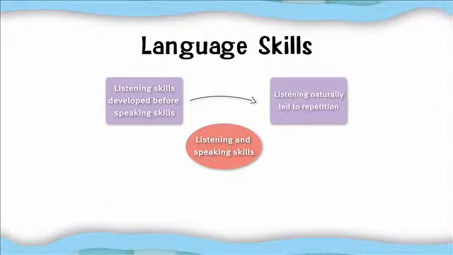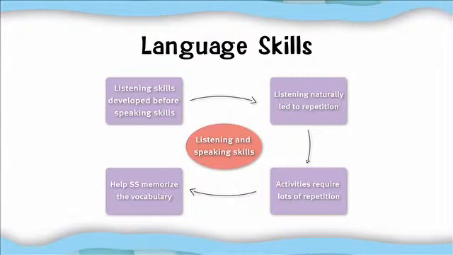Listening skills are developed before speaking skills and have priority over oral production, since at this age students do not master the language, and forcing them to speak can increase their anxiety. Initially, children will benefit from activities that require a lot of repetition and which help them memorize the vocabulary and chunks of language in a natural way.